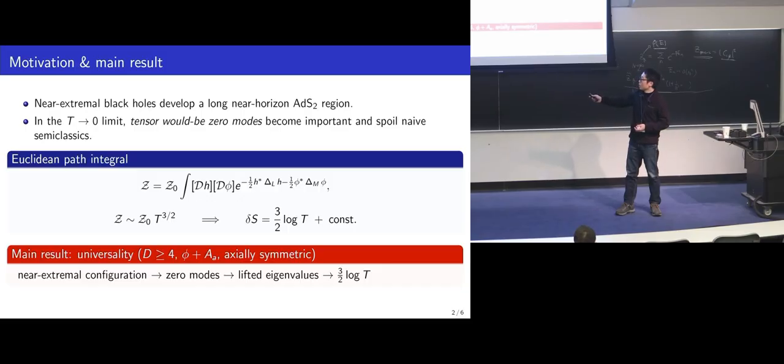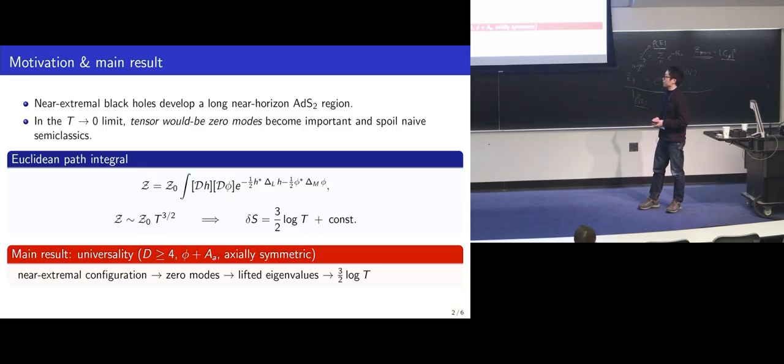We show that the near horizon region always has the AdS2 structure. There always exists a set of tensor zero modes. And by some calculation, we show that the lifted eigenvalue, after some proper regularization of the zero modes, also always has some pattern, and it leads to the 3/2 log T correction.